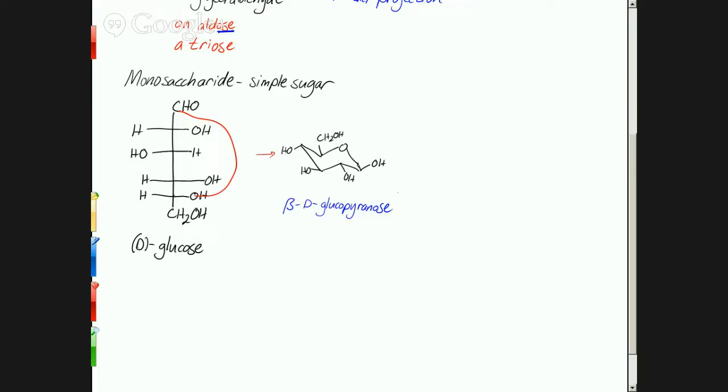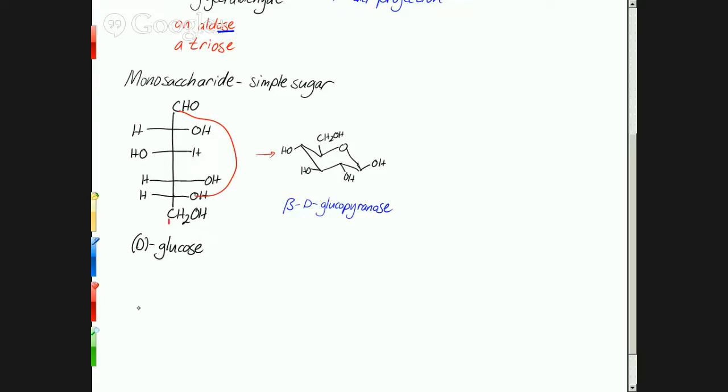The gluco, of course, is from glucose. Pyranose is that PYR comes from pyran, which is a 6-membered ring with an oxygen in it. So a ring with an oxygen in it is called a pyran. And the beta has to do with the stereochemistry when it's connected. So where did these things come from? We're going to number the carbons here, starting down here.